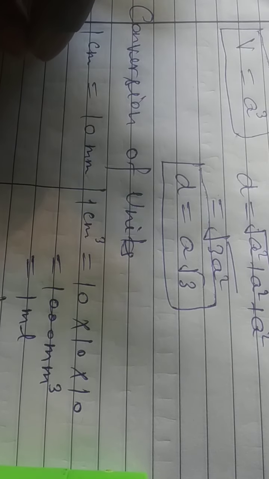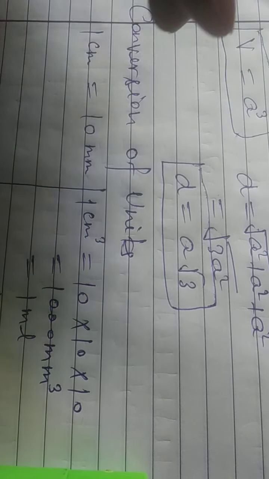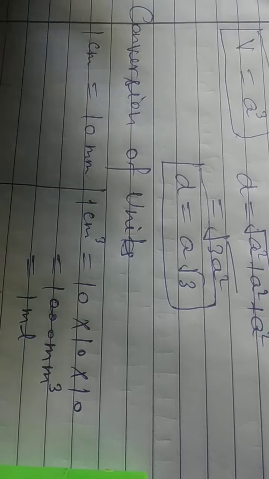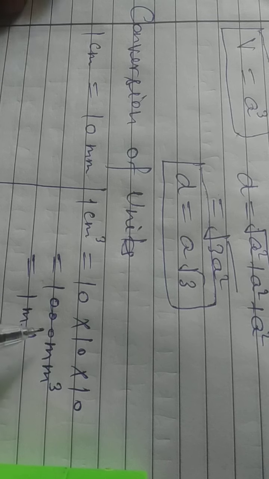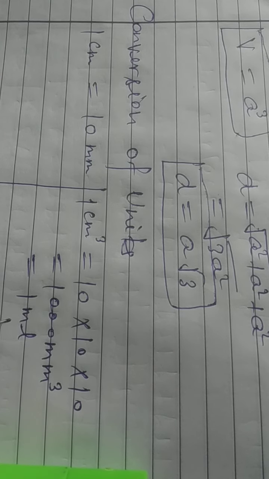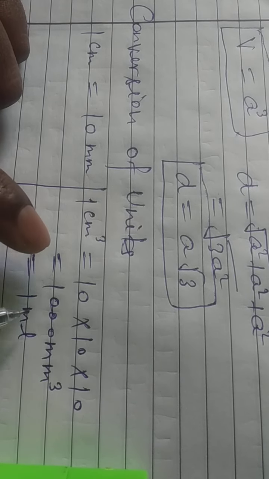For liquids we use ml, and 1000 mm cube is the space occupied by 1 ml of liquid.